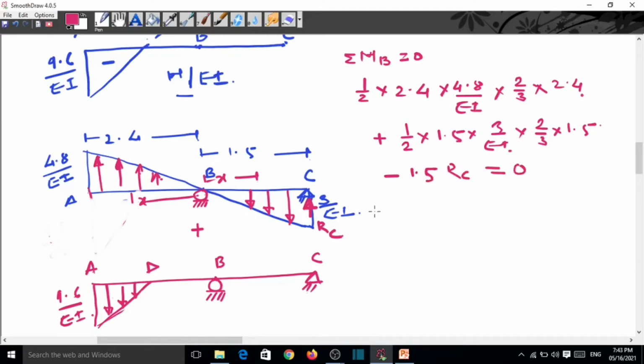So RC is equal to 7.644 divided by EI. This value is positive, so the assumed vertical direction is correct. So we got RC is equal to 7.644.